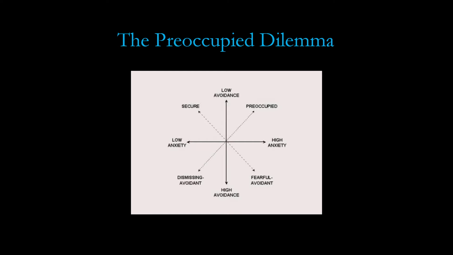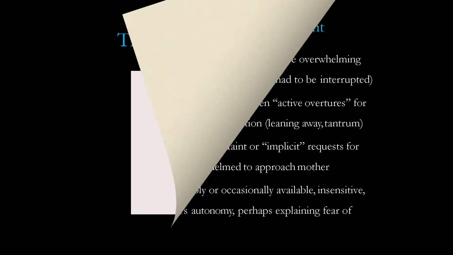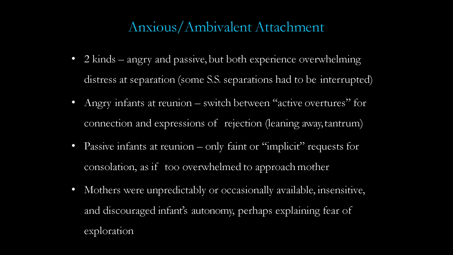If we go back to the strange situation, which is always helpful, we noticed there were two kinds of anxious ambivalent infants: an angry kind and a passive kind.